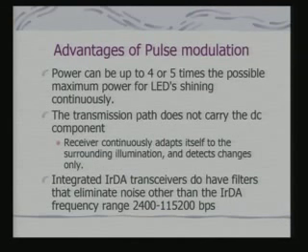Integrated IRDA transceivers do have filters that eliminate noise other than in the IRDA frequency range. So other noise is eliminated. This detection becomes important and critical in view of the surrounding illumination as well as the noise sources.